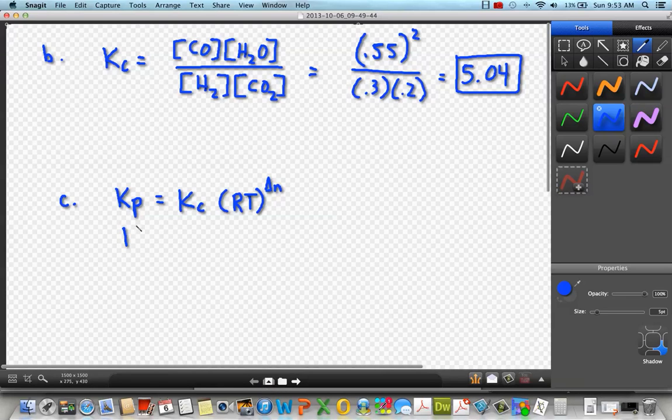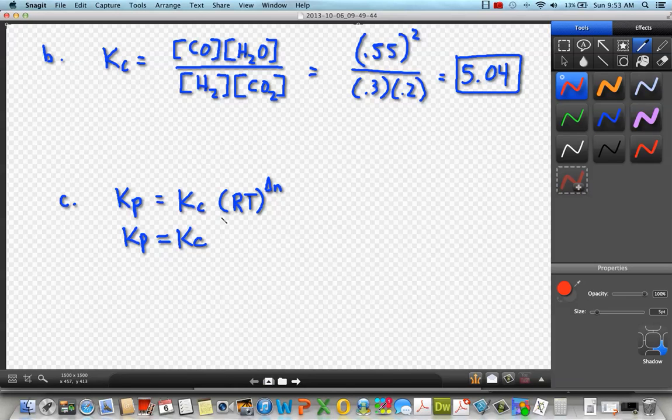Therefore, the Kp is equal to the Kc because this goes out of our expression. And so the Kp, like the Kc, is 5.04.